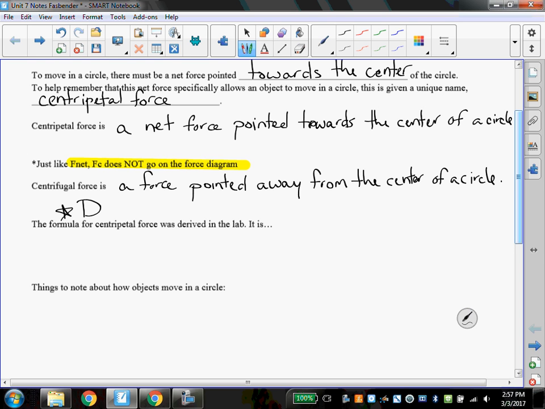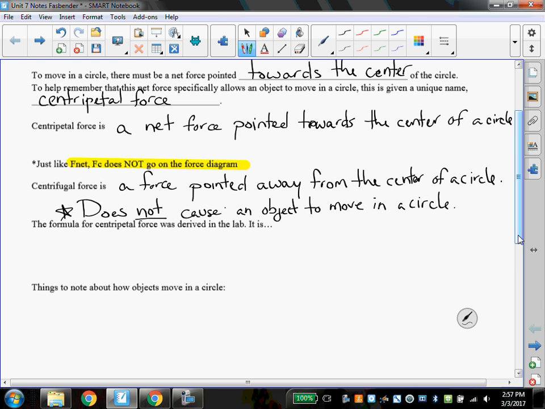The centrifugal force does not cause an object to move in a circle. Only the centripetal force, the one with the P, allows us to do that, the one that's pointed in toward the center of the circle.